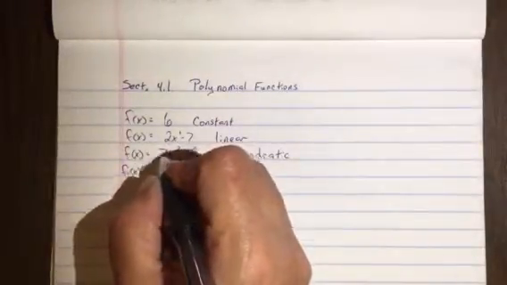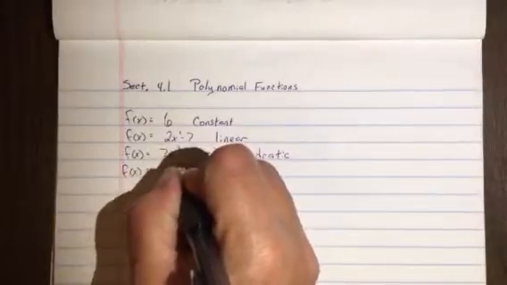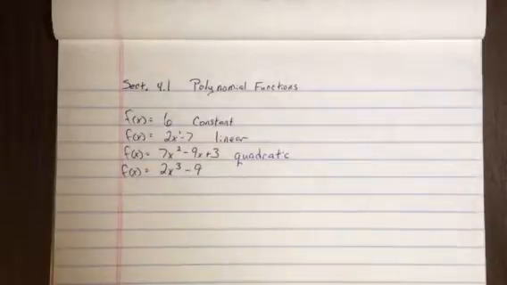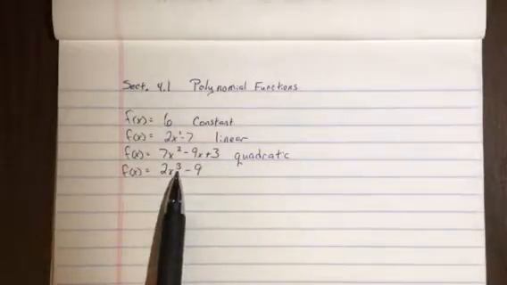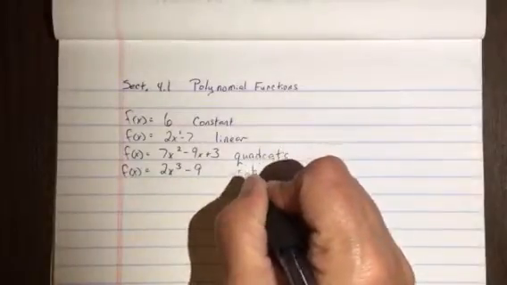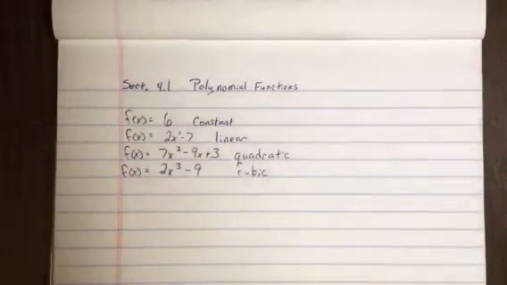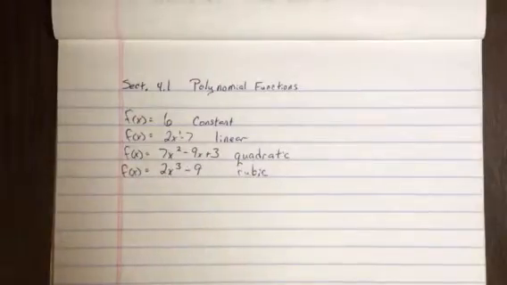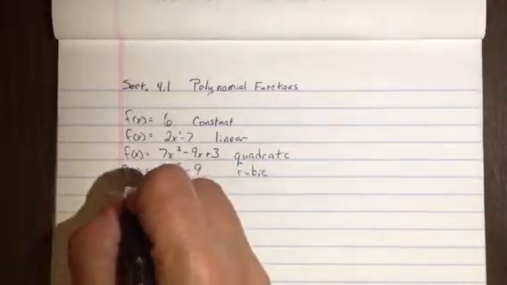So, of course, the next one. This one is a third degree polynomial, and his official name is a cubic. He has 2 terms, which we talked about previously. Now let's go one more.